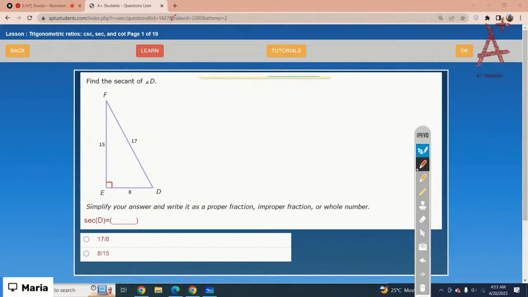That is what I'm thinking of. Secant. Secant D is hypotenuse divided by the opposite. Got it? So hypotenuse is 17 and opposite from angle D is 8. So it would be 17 over 8.